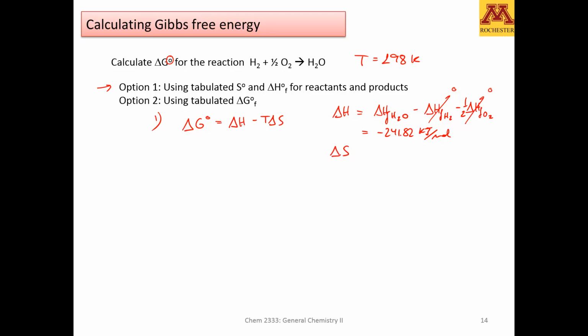So now let's calculate delta S. Delta S would be the entropy of water, this is absolute, and of course all of these are standard, minus the entropy of hydrogen, which is not 0 anymore, minus 1/2 the entropy of oxygen. So one just needs to substitute.